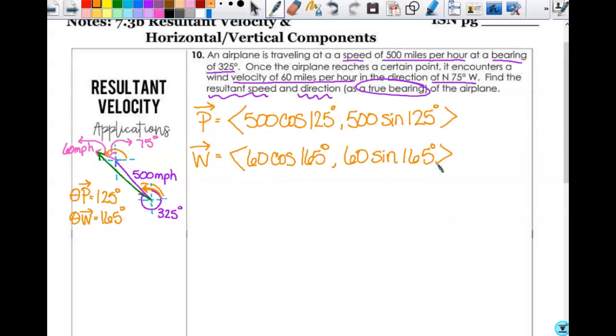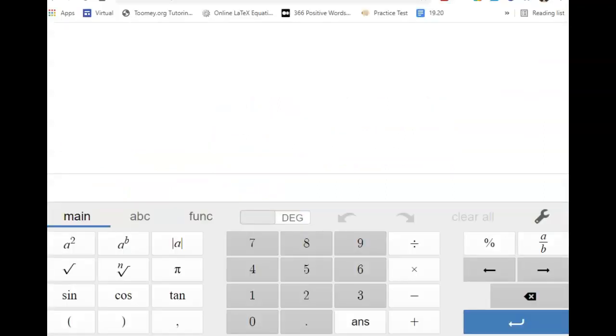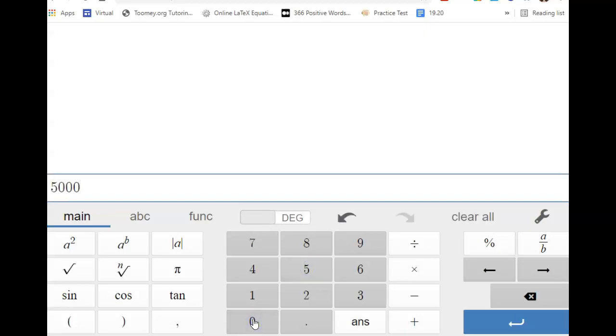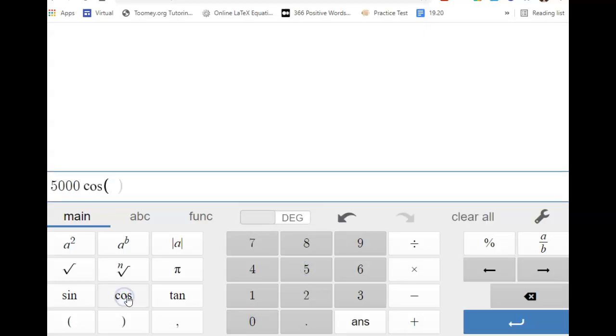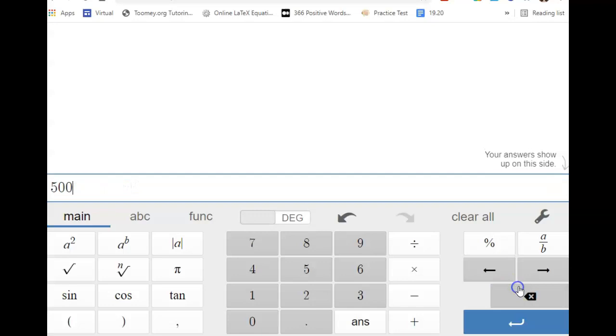So the resultant of that, when I add them together, P plus W. Well, when I actually add them, I'm going to use my calculator. I'm going to make sure I'm in degrees. I'm going to get 500 times the cosine of 125. Oh, that put 5,000. Too many zeros. Okay.